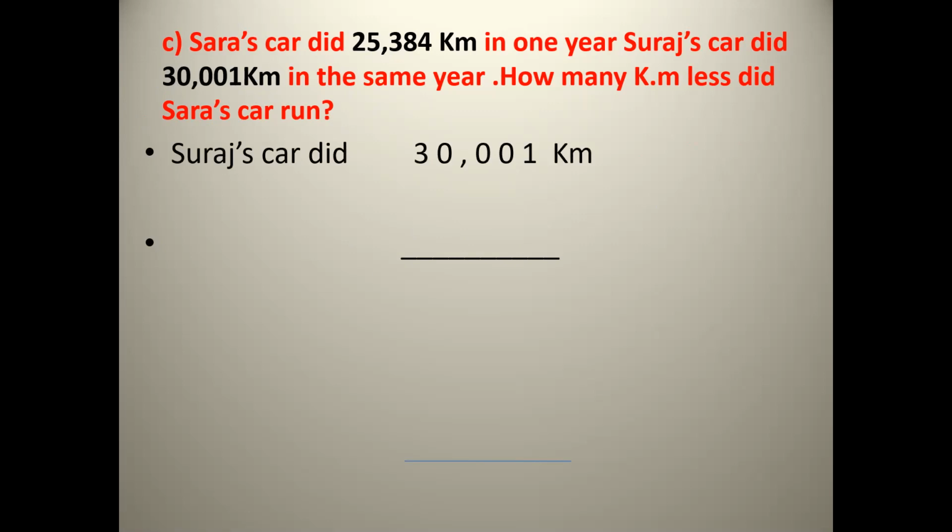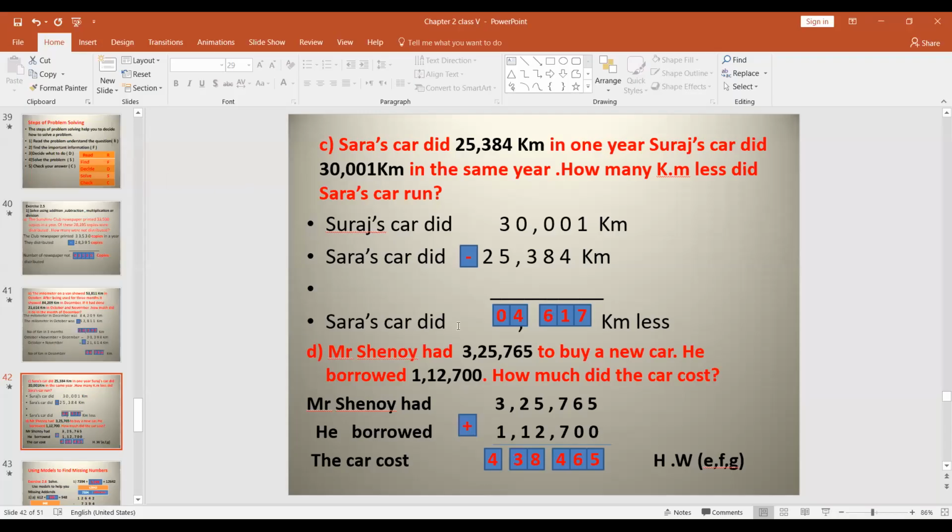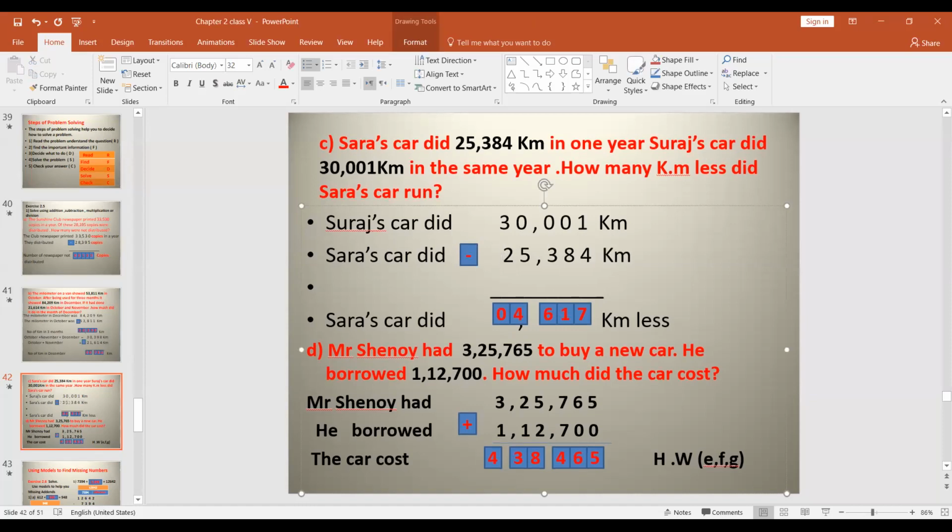Suraj's car did, this is a big number, 30,001 kilometers, and Sarah's car did 25,384. So we will subtract also. I will make it more clear if we do it like this, okay?